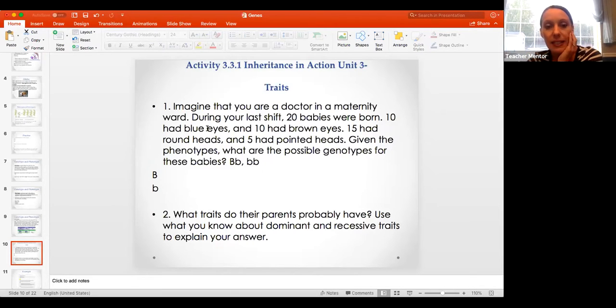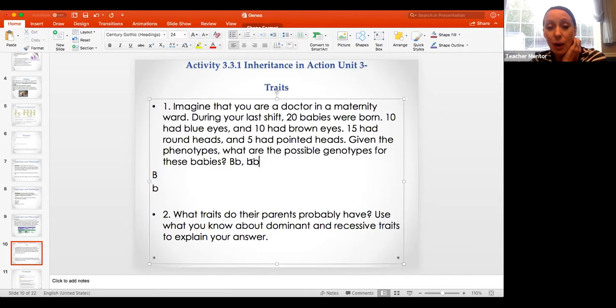If we see blue eyes, we know we're going to have that lowercase. Yep, blue or BB. Yep, you've got it. Yeah, these are our only two options that we could have. Because if there are 10 blue and 10 brown, we know that they're going to have to carry both of them because you've got dominant brown and recessive blue. To have that recessive blue, you know that they both have to have this, okay?